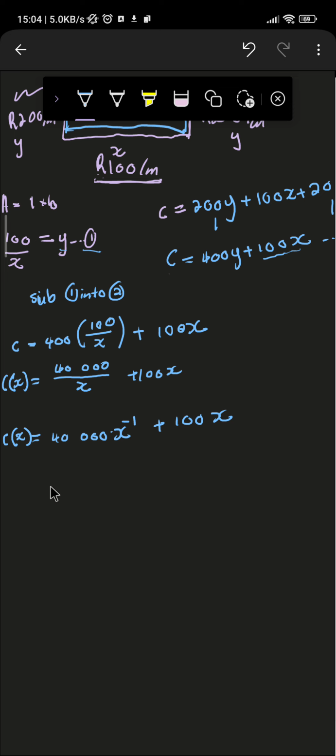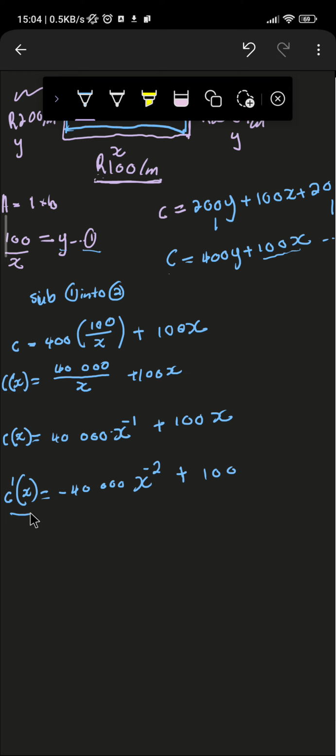Negative 1 multiplied by 40,000 gives us negative 40,000, and when we subtract 1 from negative 1, it gives us negative 2. So this is negative 2 plus, when we derivate 100x, we get 100.